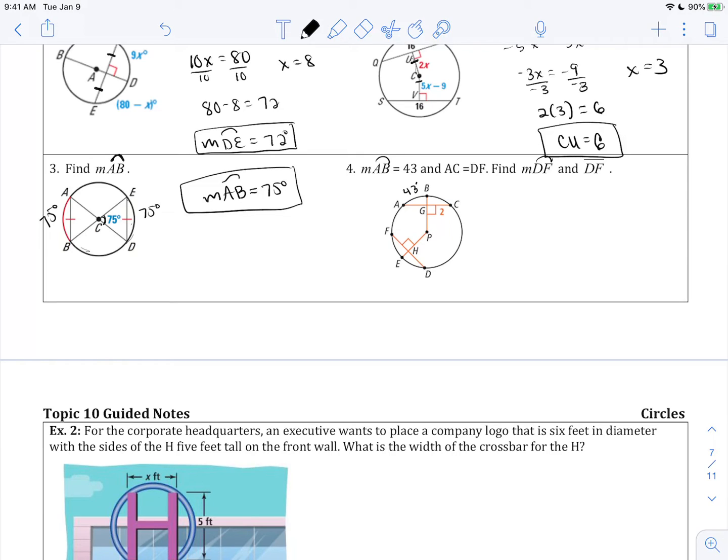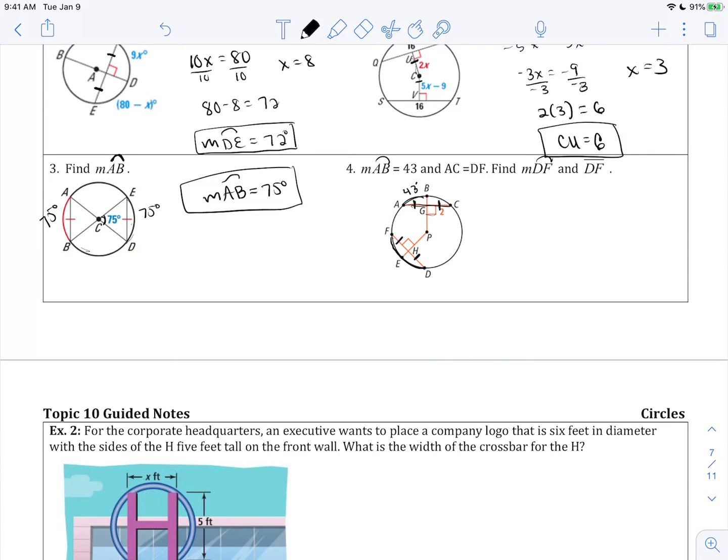So for the measure of arc DF, that's this whole arc right here, right? Well, it says AC equals DF, so we know these two chords are equal, okay? And this is perpendicular, so both of these chords have been bisected, right?